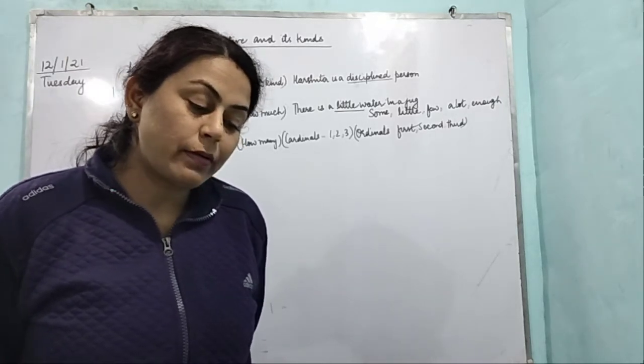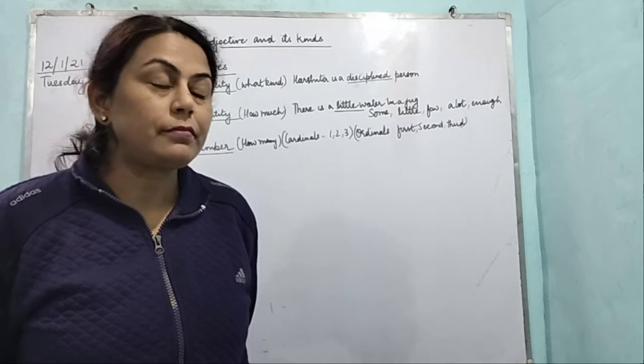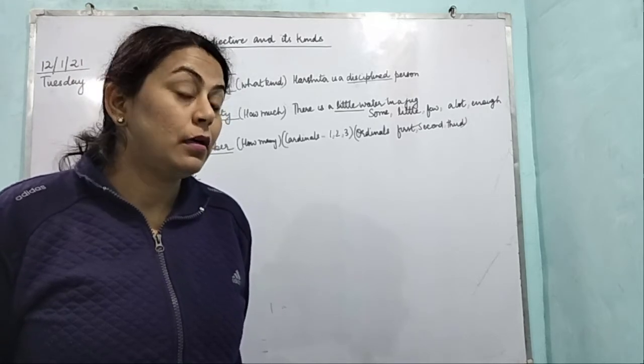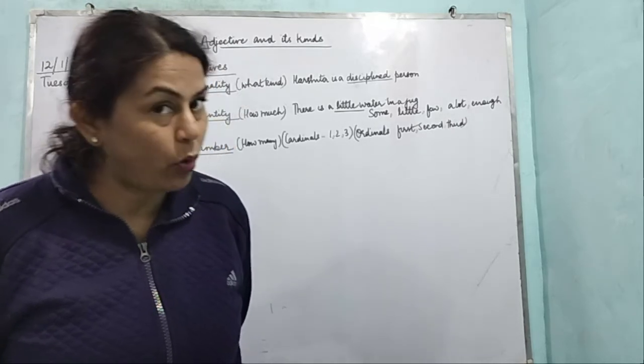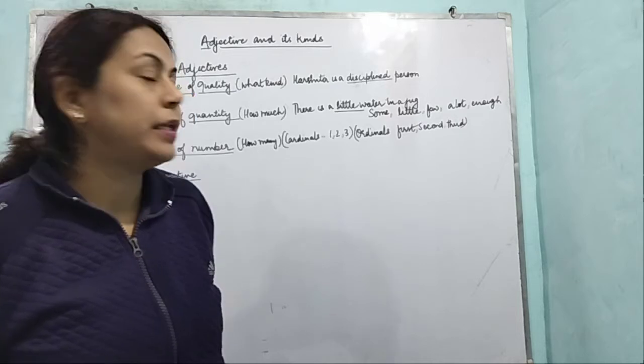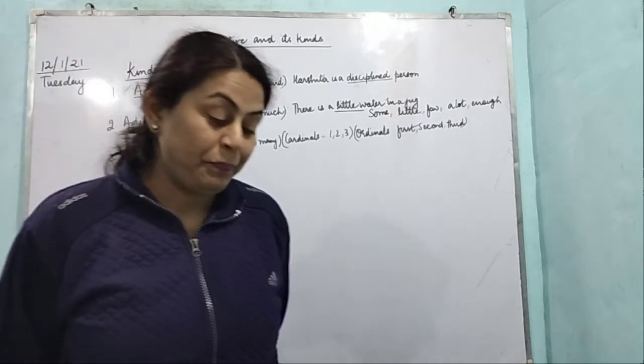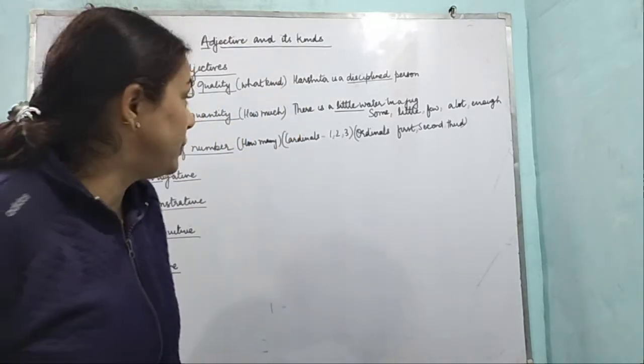All the vehicles were trapped in the traffic jam. All the vehicles. कितने vehicles? How many vehicles? All the vehicles. So it is telling you about the number. Now we come to the exercise number 3.